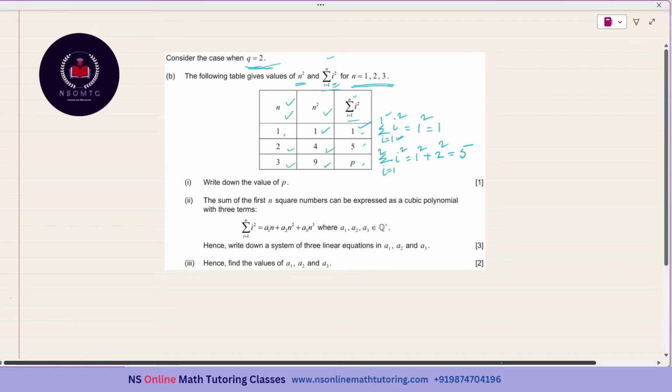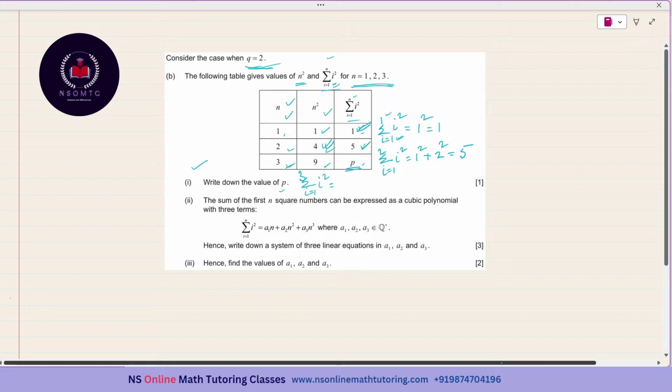Okay, so you can get this value of 5 by adding this 1 to this 4. Coming to this third row, and over here we are having the unknown P. Subpart B's first subpart says write down the value of P. It is containing just a single mark. Now the value of n is 3. So sigma i equal to 1 to 3, i squared.